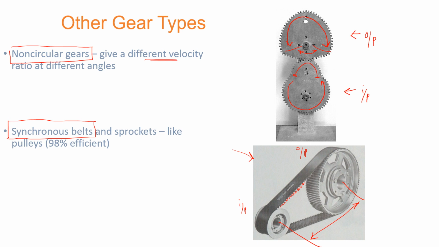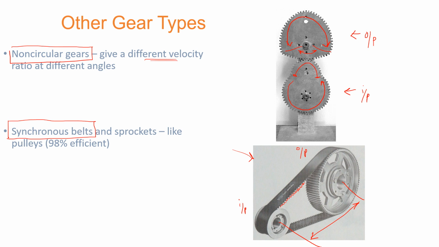So this is one very good way of transmitting the torques from one side to the other side and reducing the speeds if needed, as exhibited by the input and output designations. So this is also a very common type of application.